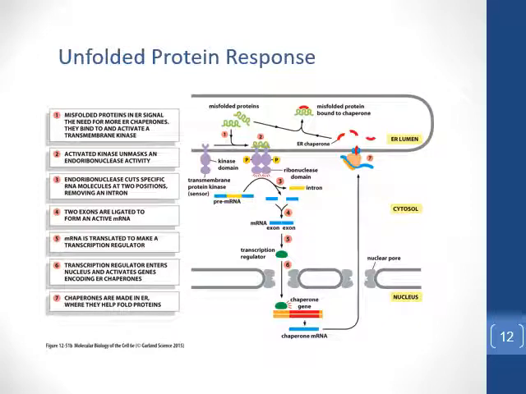Now we're going to look at the third response. This is called the unfolded protein response, and the nomenclature gets a little bit messy here. ATF6 and PERK are also part of the unfolded protein response. In other words, it's the cell's response to the presence of unfolded proteins. But the IRE1 pathway was discovered first, and it was called the unfolded protein response.